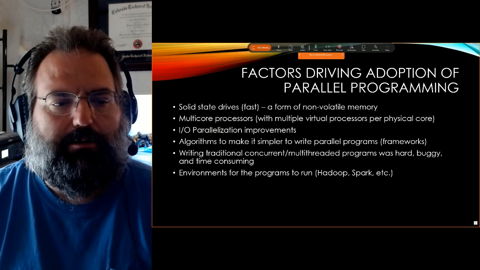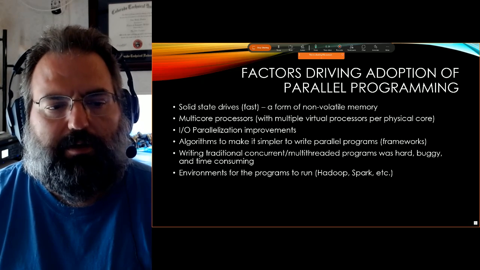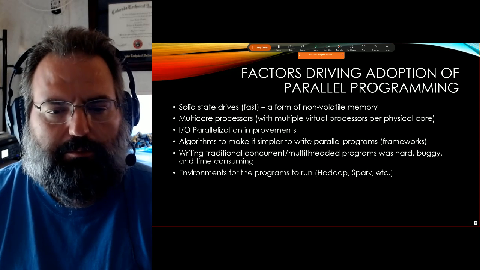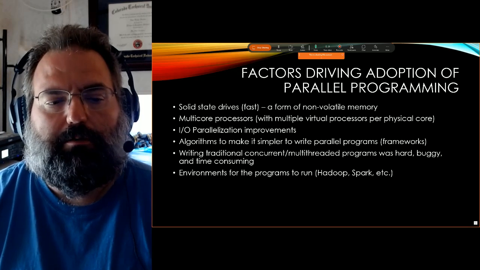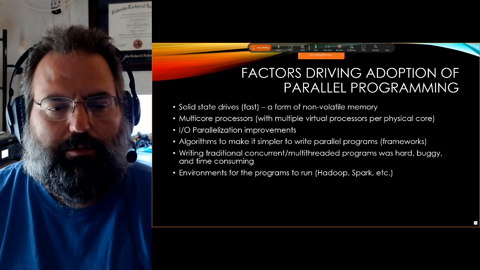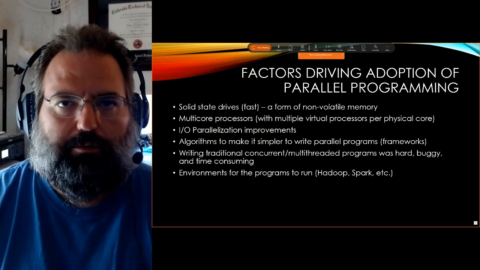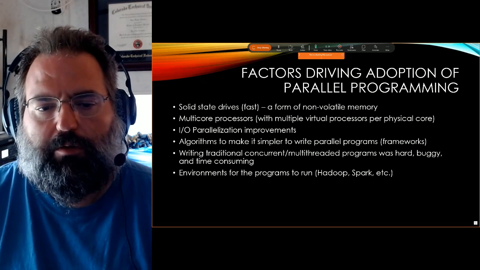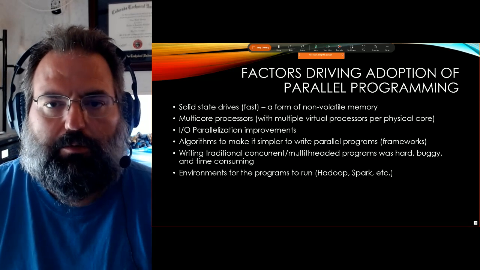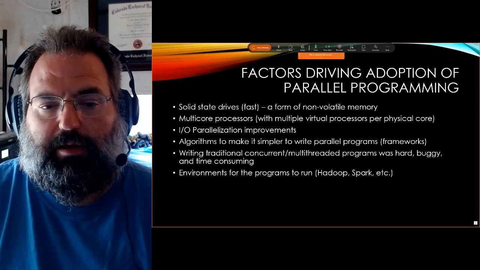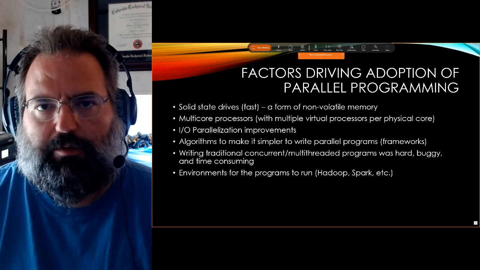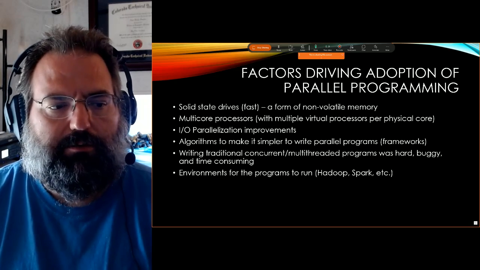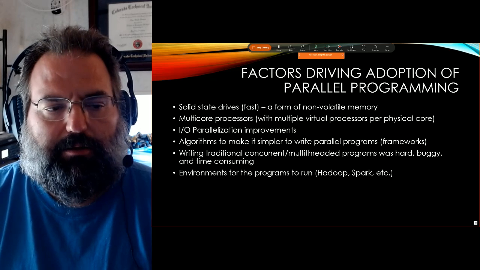We also had lots of advancement in multi-core processors, so adding not just multiple cores into a physical chip, but also virtual cores on top of those physical cores. So if you physically have potentially 4 physical cores in your chip, you can easily have 2 virtual processors per core, so up to 8 cores. That makes for a very compelling argument.